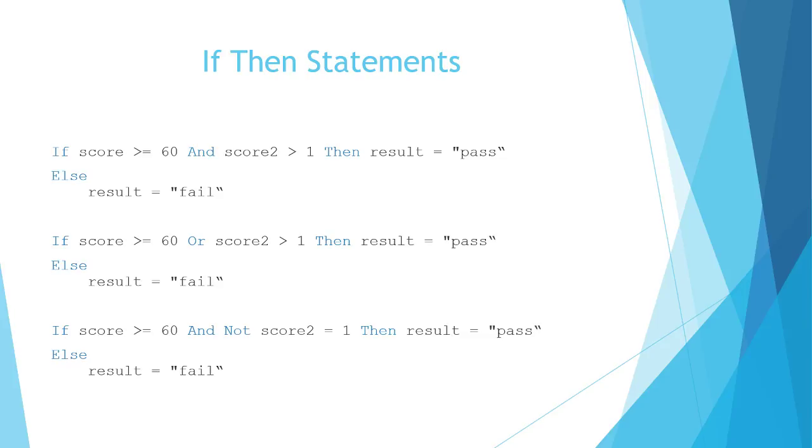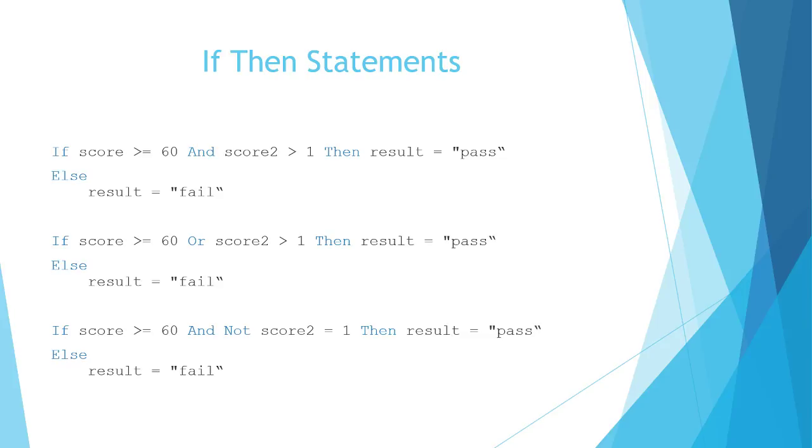So if a score, which is just going to be a variable that we use kind of like an extra y, because this gets a little bit more complicated if I'm typing in all of these cell numbers like A1 or A2. So if score is greater than or equal to 60 and score 2 is greater than 1, then the result that we would spit out would be pass.